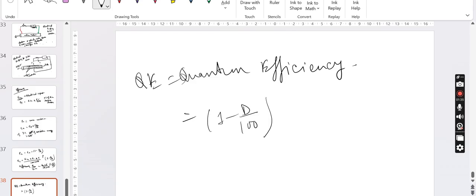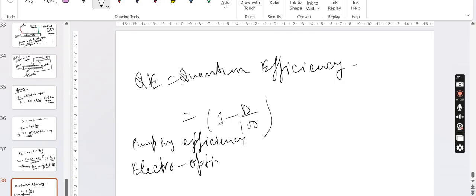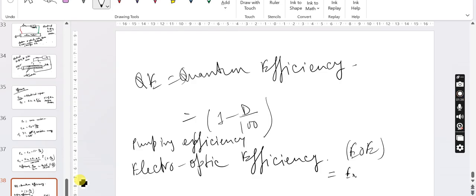There is also pumping efficiency, that is basically EX by 100. Electro-optic efficiency is defined as the efficiency of the conversion of pump energy, which is essentially electrical in origin. So EOE is basically EX by 100 into 1 minus D by 100.